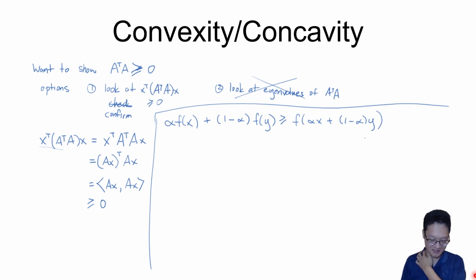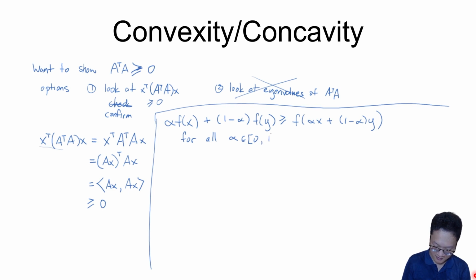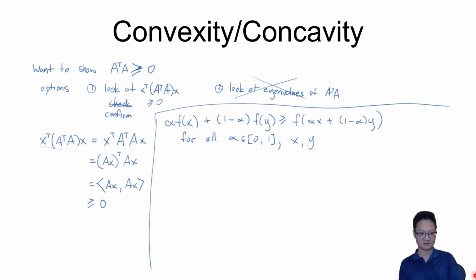The left-hand side is always greater than or equal to the right-hand side for all alpha between 0 and 1, and for all x and all y, with no restrictions on x and no restrictions on y. That's really important. Some function may have this property for some x and some y, but maybe not for all x and y. So for a function to be convex, we need this property to hold true for all x, y.